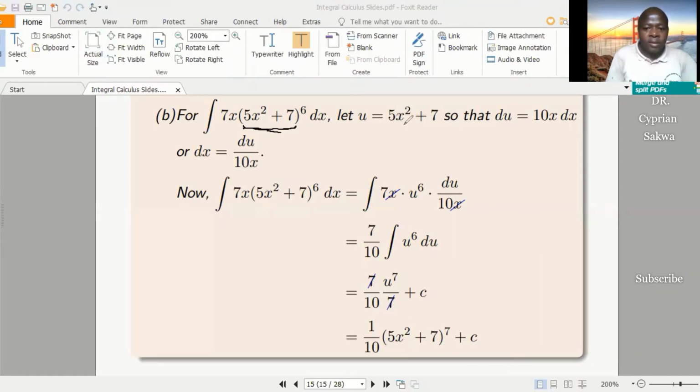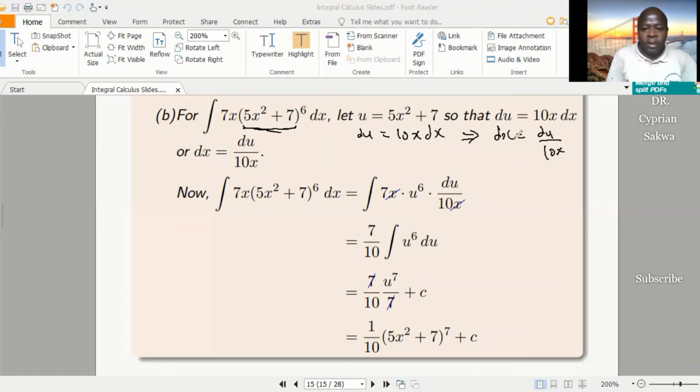Differentiate on both sides. On the left side you get du, and on the right side you have 10x dx. And then make dx the subject of the formula by dividing both sides by 10x.